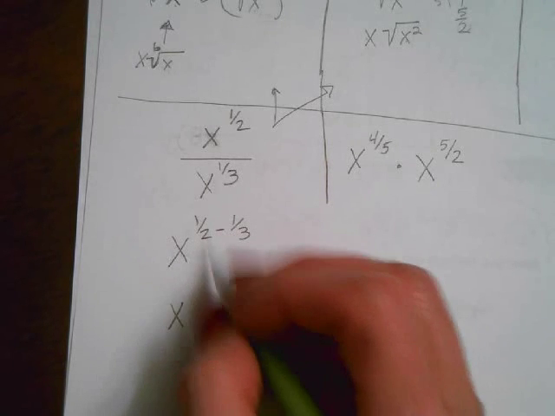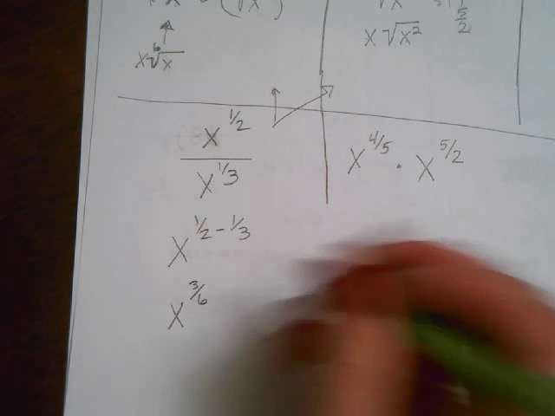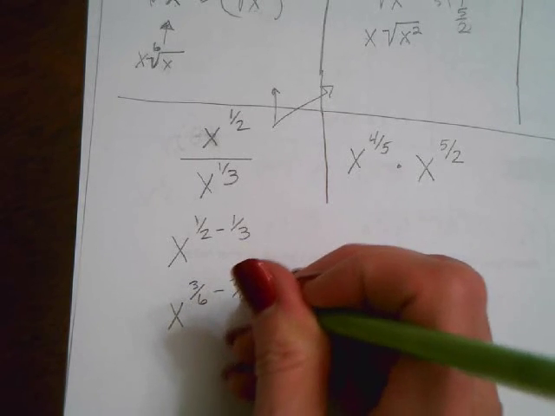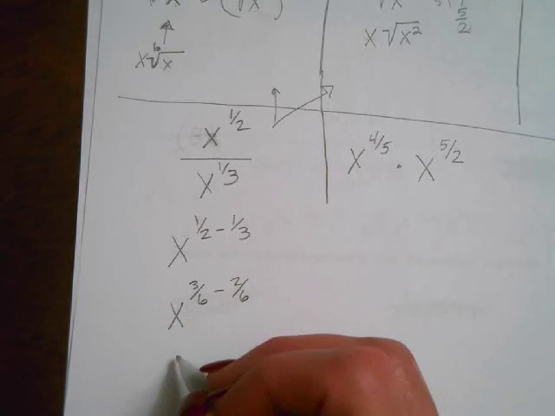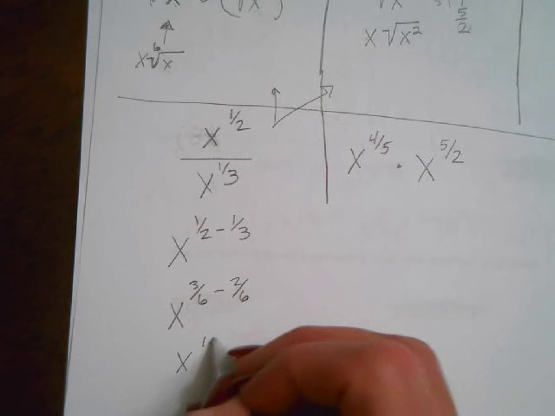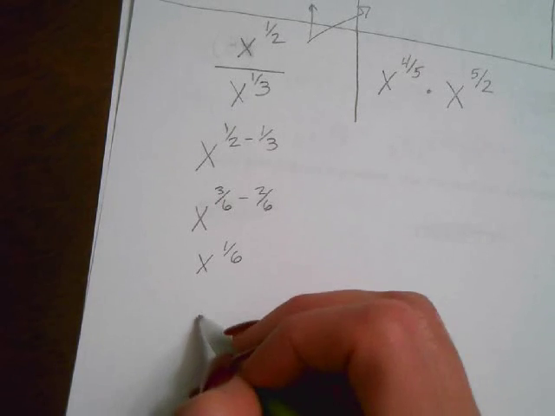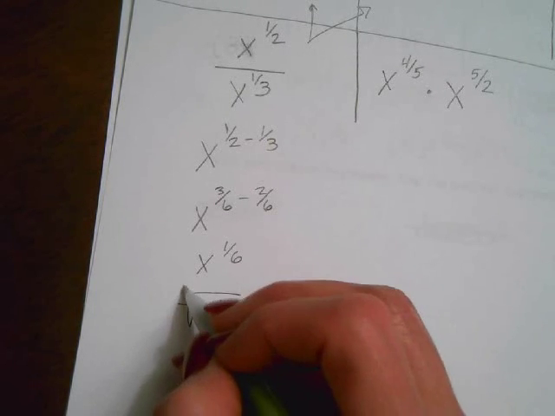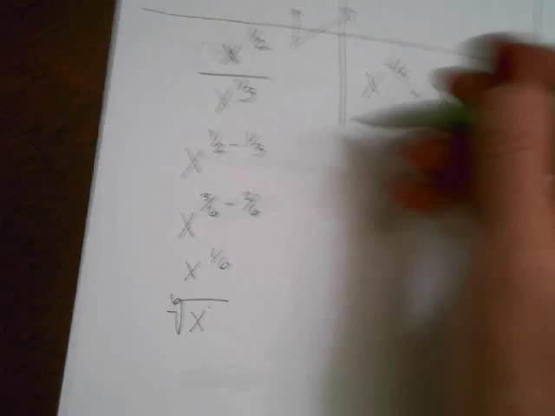To make this a 6, I multiply by 3, so it's 3 over 6, and I subtract 2 over 6. When I'm done, 3 minus 2 is 1, so x to the 1 over 6. That can be rewritten as x to the 1 power and then the 6th root. That's the way it would go.